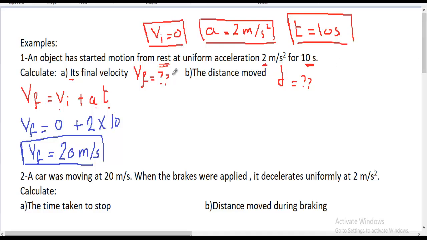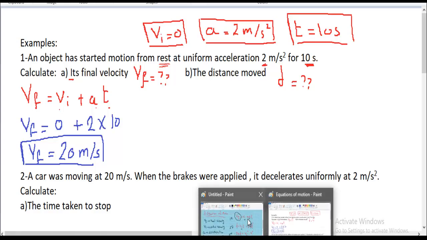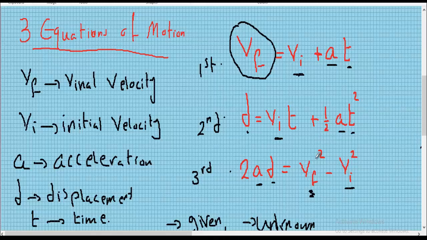Then for the distance moved, you can use any of these equations. Why? Because you have a time, so you can use the first equation, and you have the initial velocity, or you can use the third equation, to get the displacement.